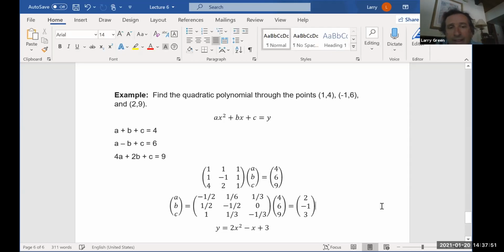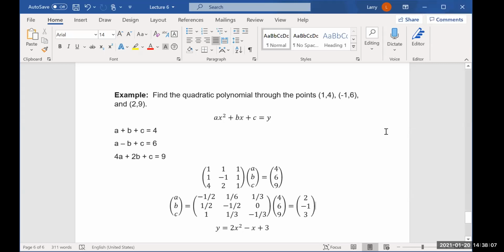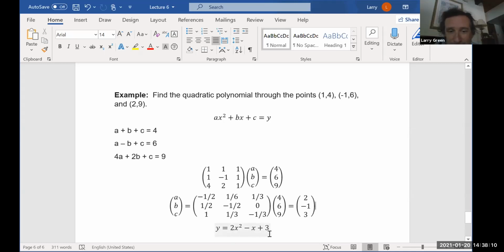How do you check your work the easiest way? You just plug in. If I plug in 1, I get 2 minus 1 plus 3, and that is 4. If I plug in negative 1, I get 2 plus 1 plus 3, and that is 6. And if I plug in 2, I get 8 minus 2 plus 3, and that's 9. So it actually worked. Checking your work is really easy.